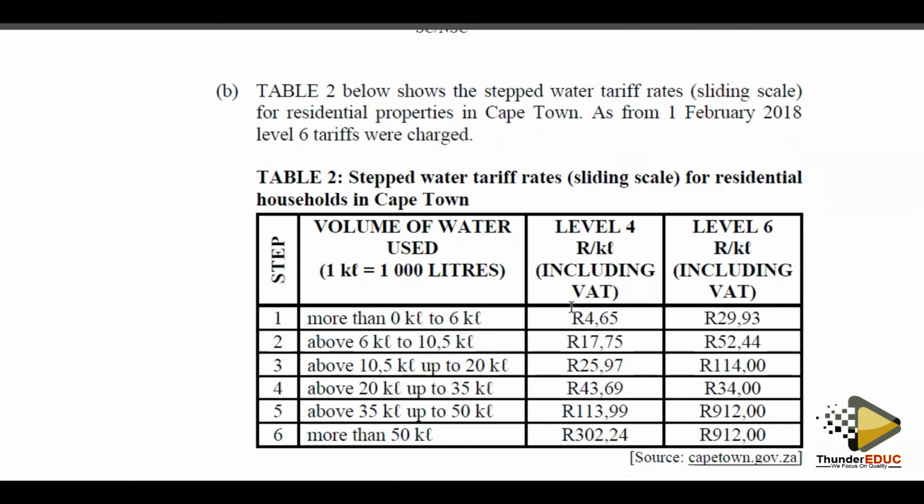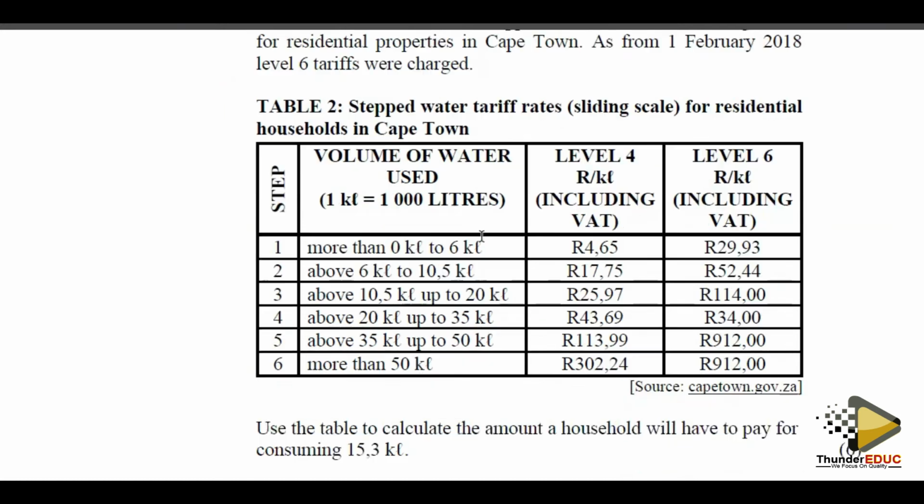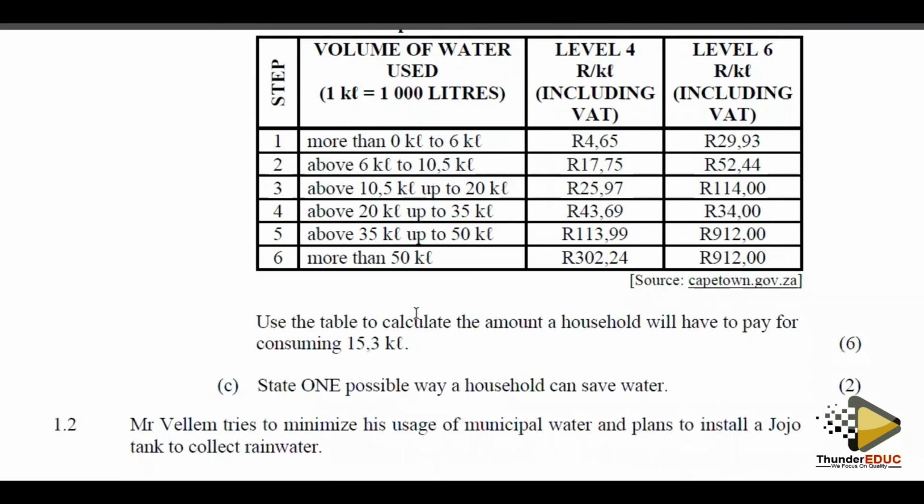We shall not look at the level 4, because the question says the table below shows the step water tariff rates, sliding scale for residential properties in Cape Town as from 1st February 2018. Level 6 tariff were charged together. So now we shall use that one of level 6.